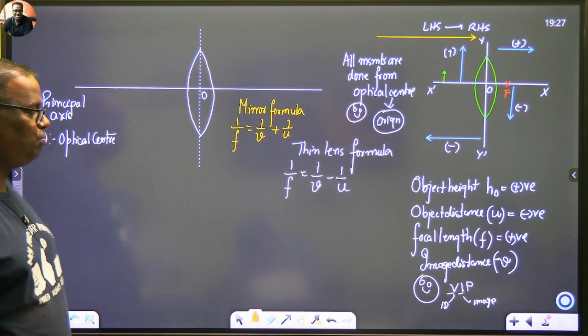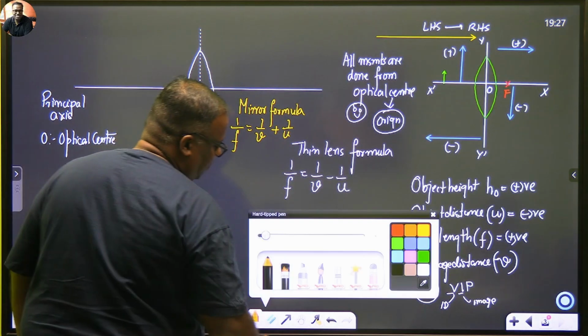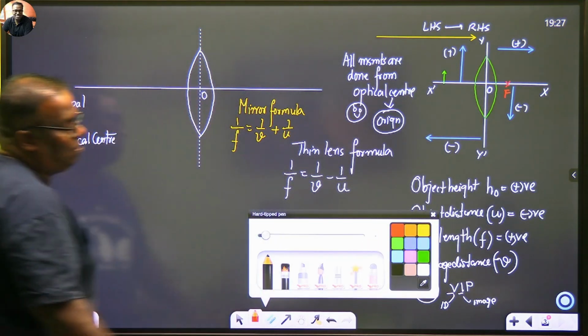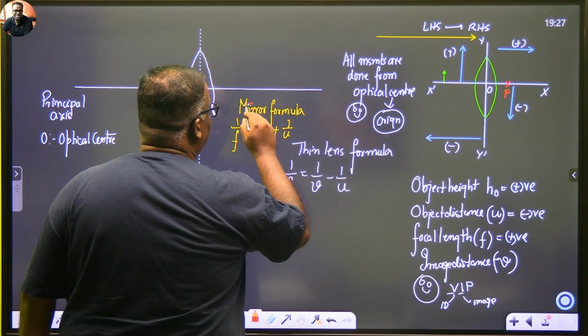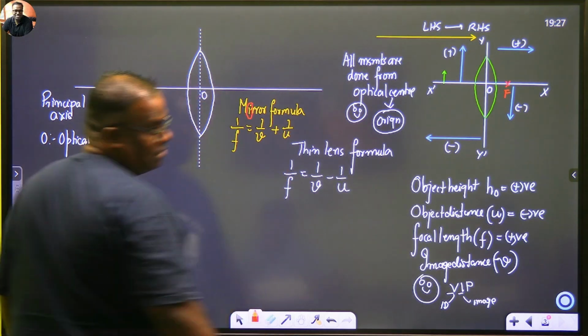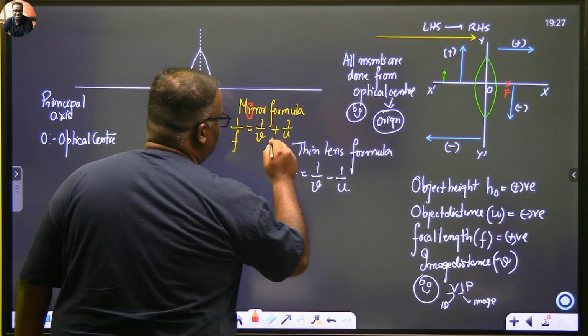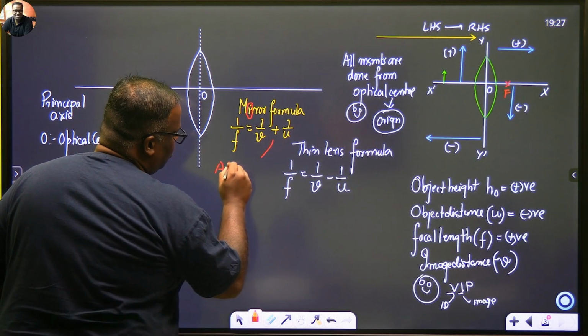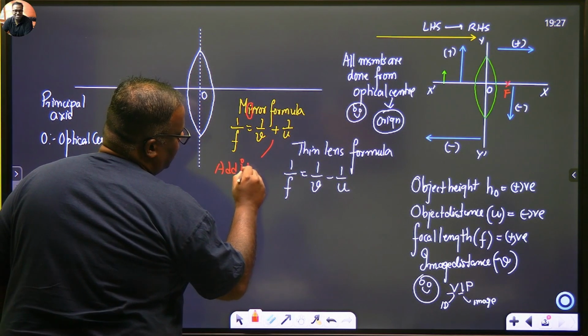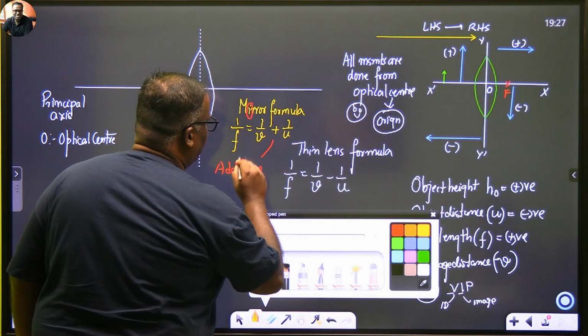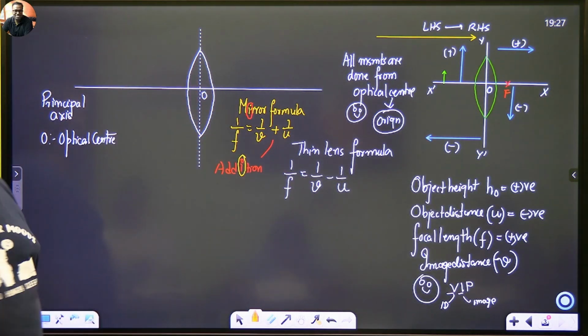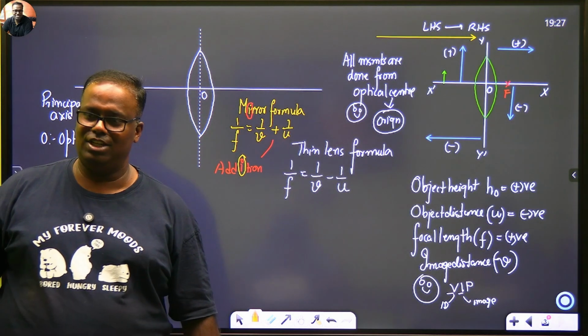Now, how to remember throughout your life that you don't juggle up between the plus and the minus? There is also a technique. In mirror, there is a letter I, and in addition also, there is a letter I. Just remember, mirror has got an I, addition has also an I. So the mirror formula always uses addition.